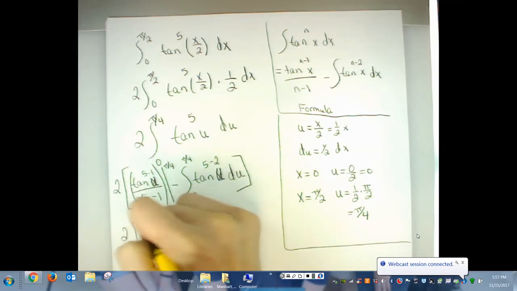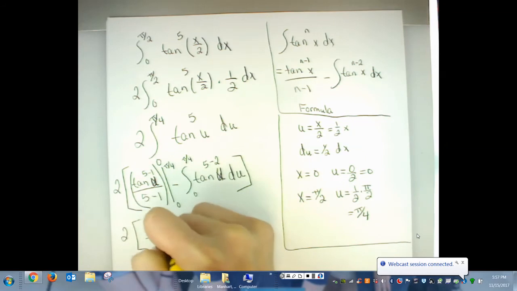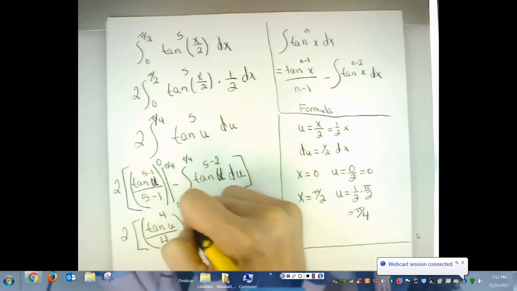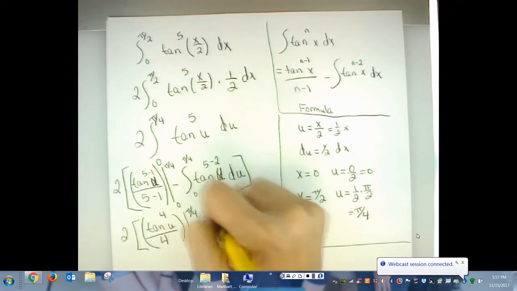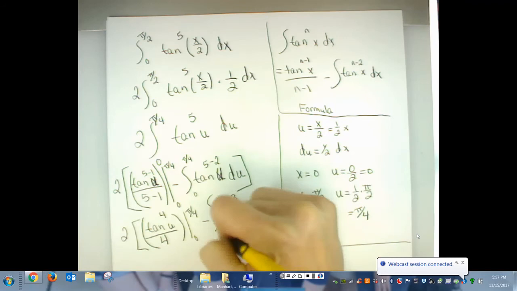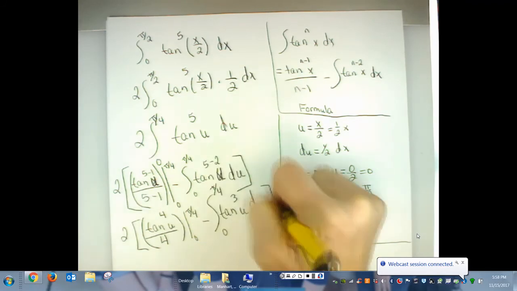That's going to be the tangent of u to the 4th over 4 from 0 to pi over 4, minus the antiderivative of tangent u cubed from 0 to pi over 4 du.